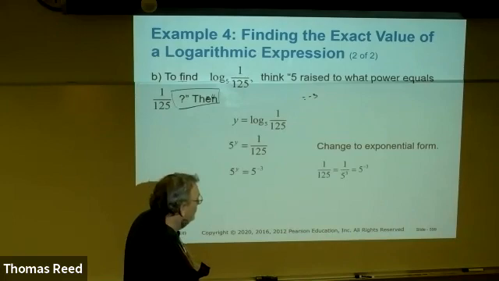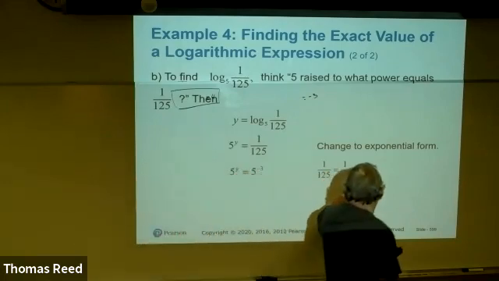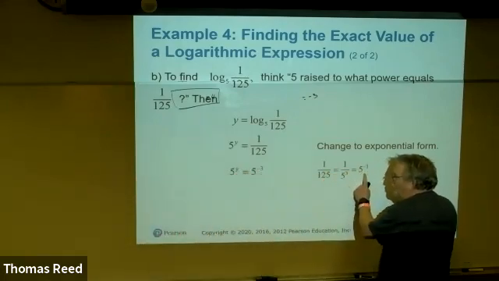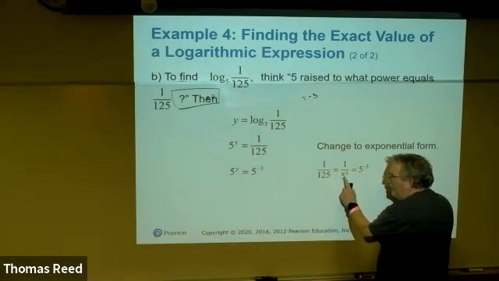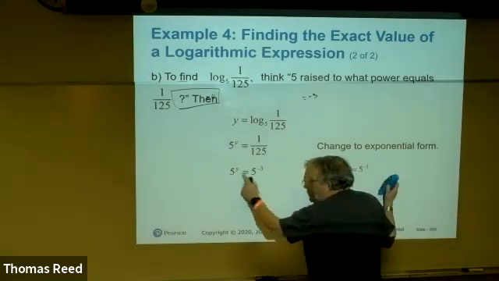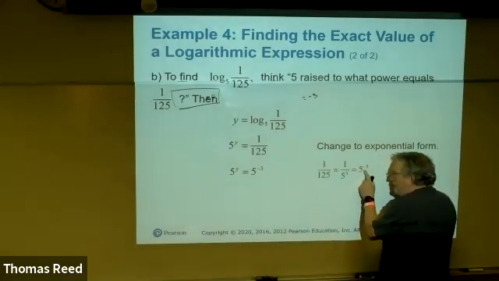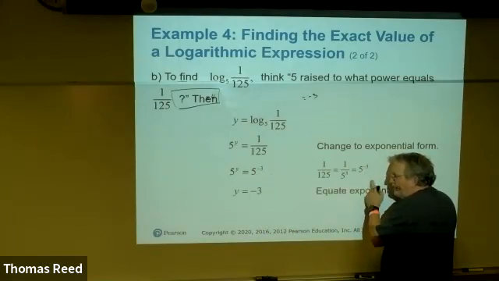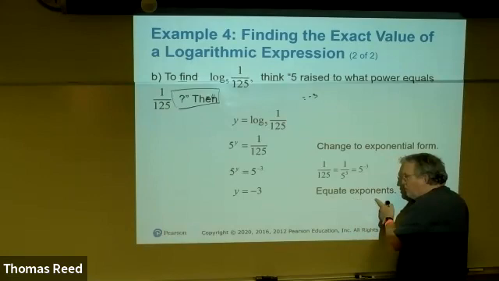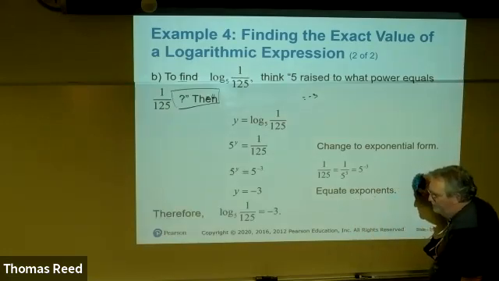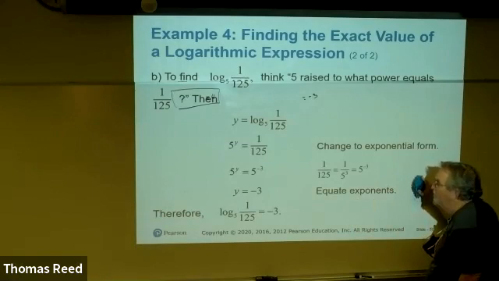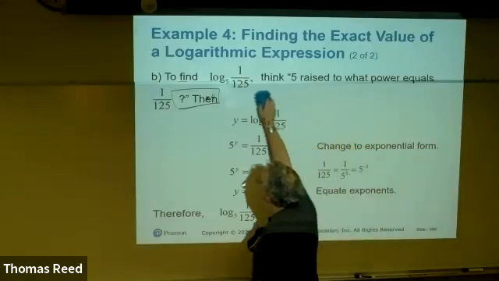And so they did the work over here. 125 is 5 to the third, and so to bring that out of the denominator, so they're both on top, then it's 5 to the -3. And so setting the exponents equal, that means log base 5 of 1 over 125 equals -3, which is what I got there.